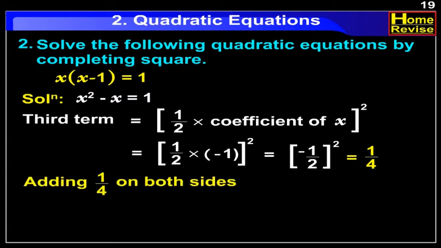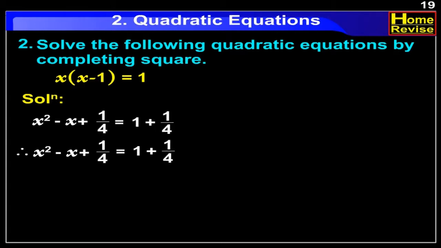Now adding 1 upon 4 on both the sides, we get x square minus x plus 1 upon 4 is equal to 1 plus 1 upon 4. Therefore, x square minus x plus 1 upon 4 is equal to 5 upon 4.